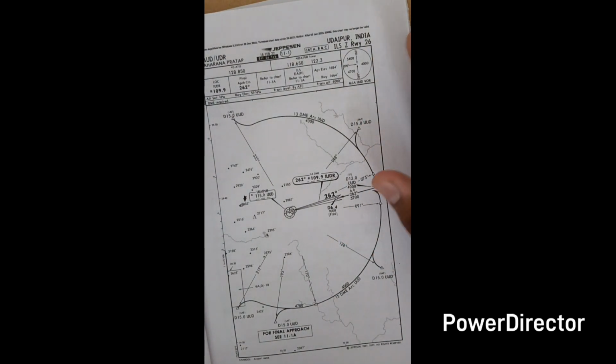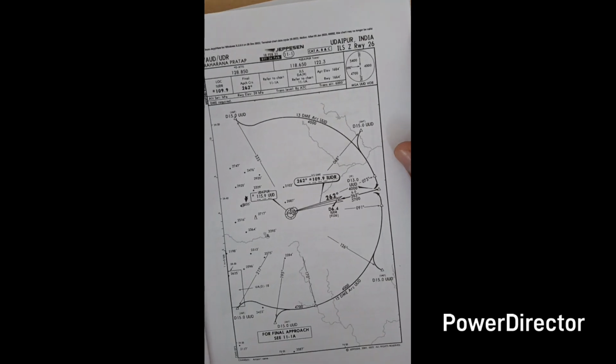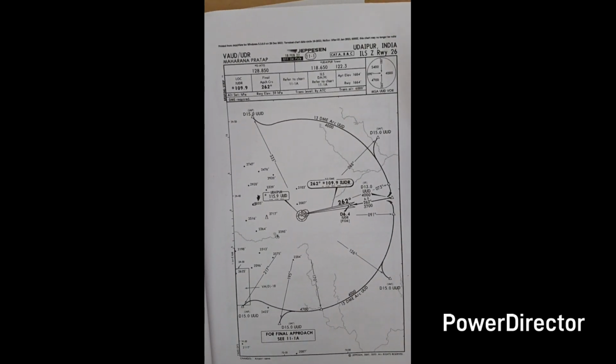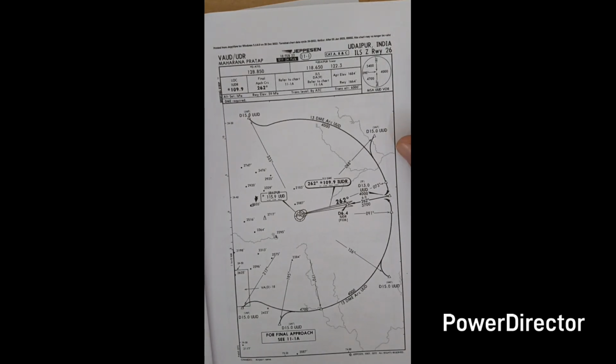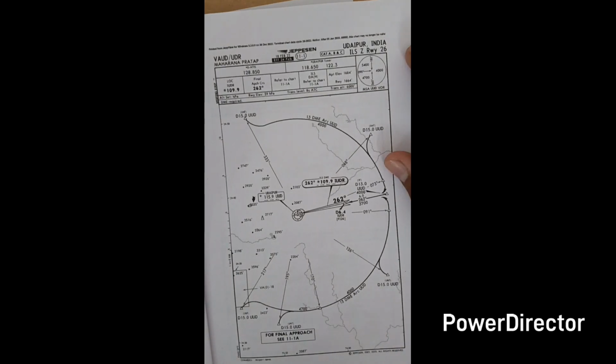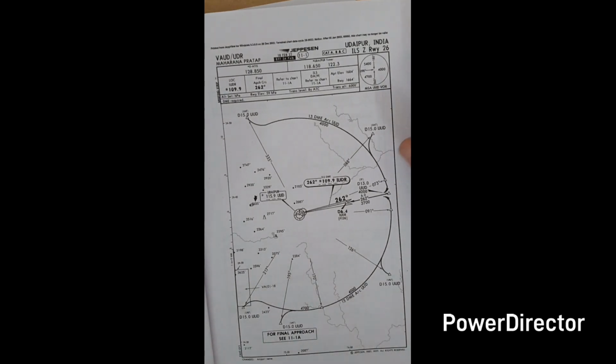Basically horizontal, which is the centerline guidance, and vertical, which is the glide slope guidance for your height and proper descent profile, right? When you have both horizontal and vertical guidance, it is known as a precision approach. And a non-precision approach is where you won't probably have the vertical guidance. You'll probably just have the localizer or the horizontal guidance, which is there, right?